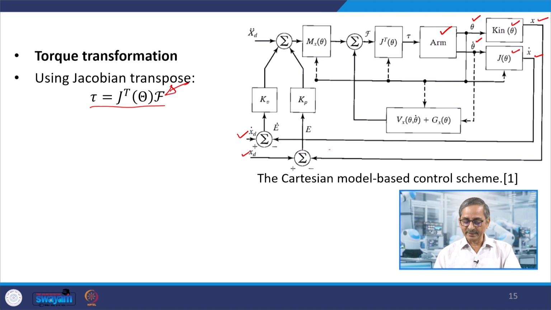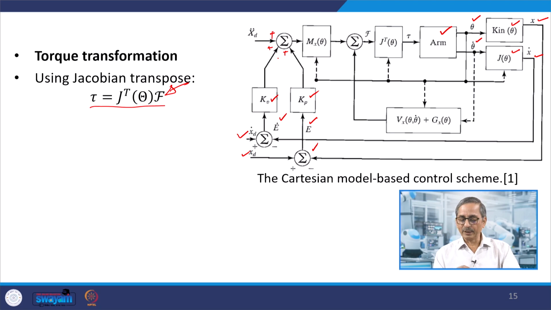From the desired x you get the error vector, and from the desired velocity you get the error in velocity vector. You multiply the error in velocity vector with the gain Kv, and the error in the position vector with the gain Kp. Add it up here, and here you have the desired x double dot.